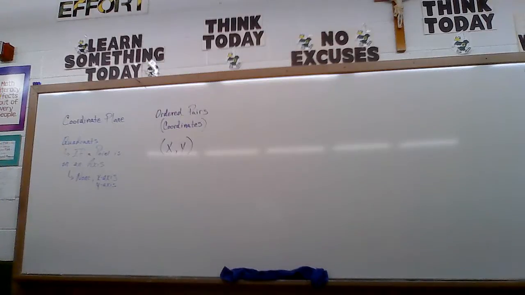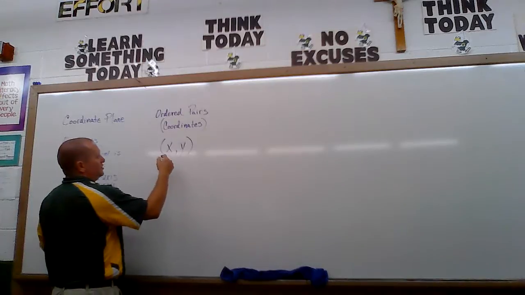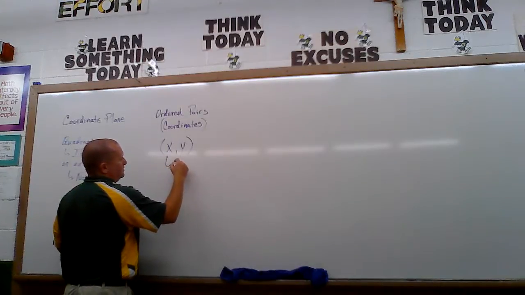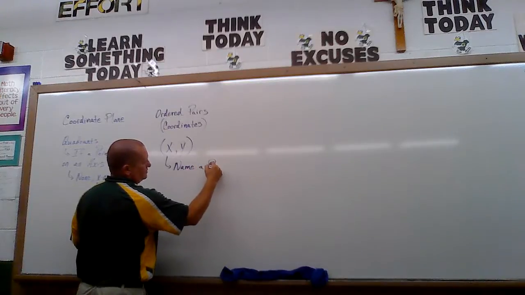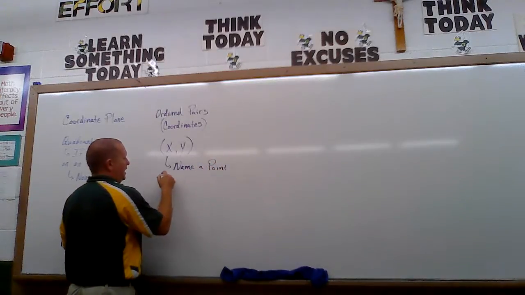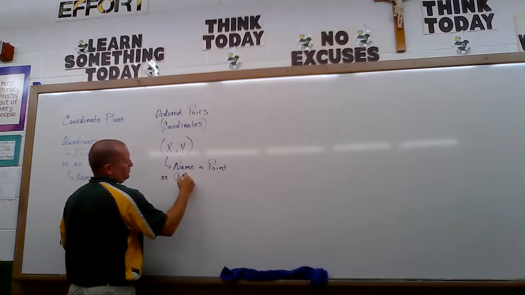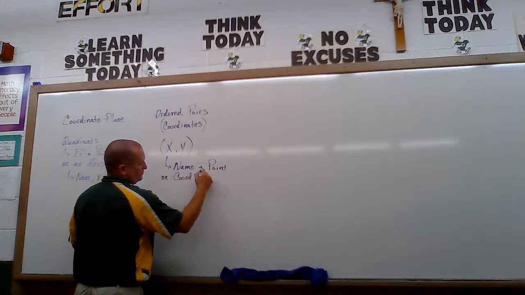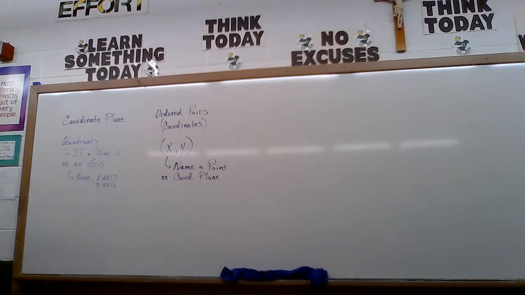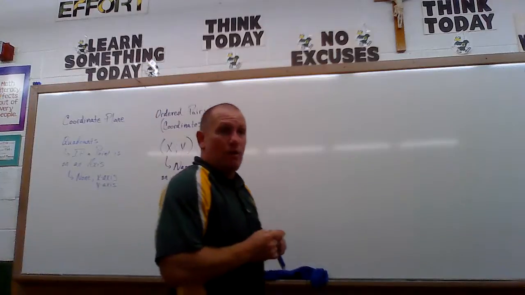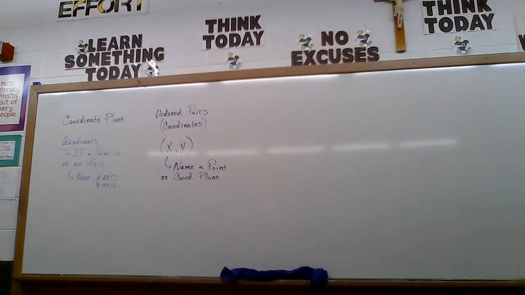The x's always have to come first. And these are going to really name a point on the coordinate plane. So if there's a specific dot on there and they ask you, well, what is that? You would go and find out where it's at and write that as an ordered pair.